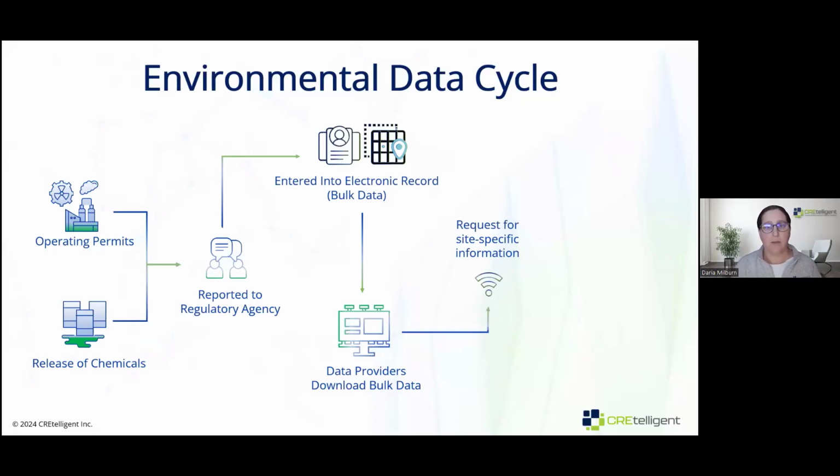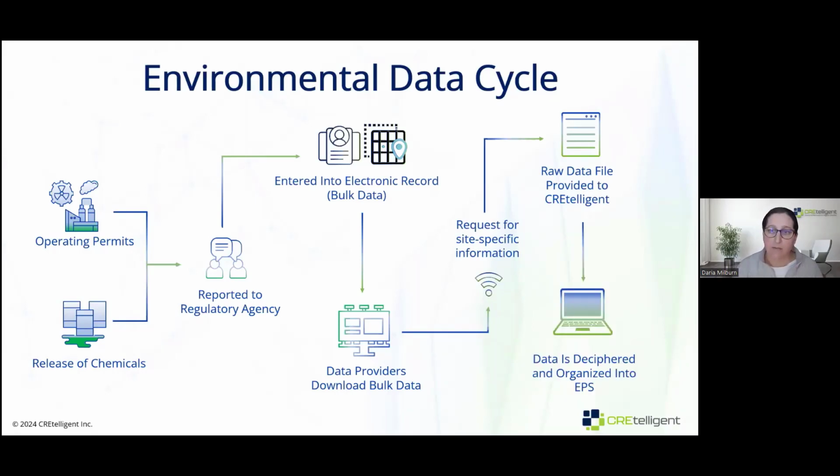The bulk data file is then downloaded by data providers. And when you send a request to us about a specific site, we reach out to our data provider to get the raw data file relative to that site. And that's what's provided to CREtelligent, and we decipher that and organize it into our EPS report.